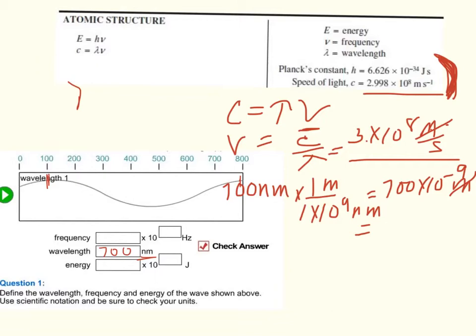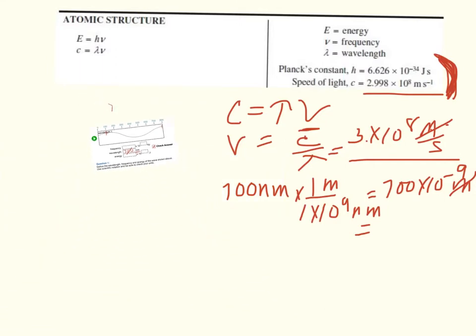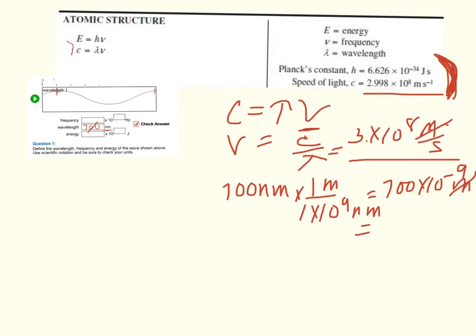So I really know that 700 to the second digit, okay? So I have 2 sig figs from my measurement. So this is going to be 4.3 times 10 to the 14th, and I'm left with 1 over second, which is also, of course, hertz. So that's going to give me my frequency, right?